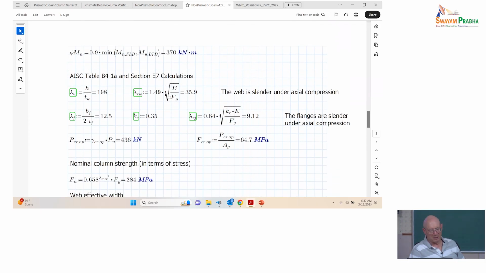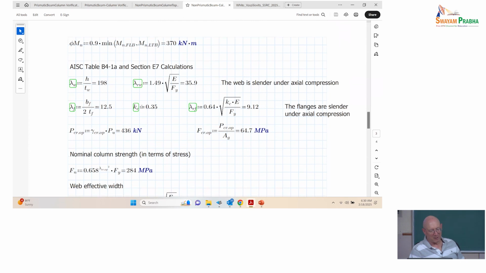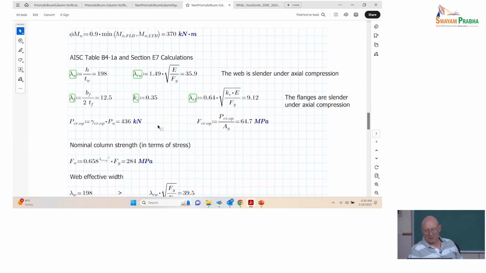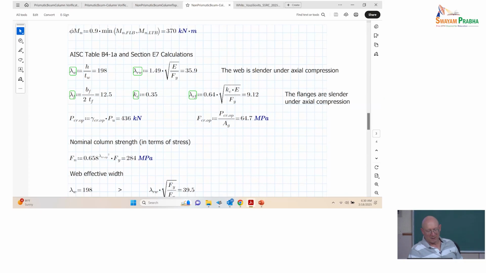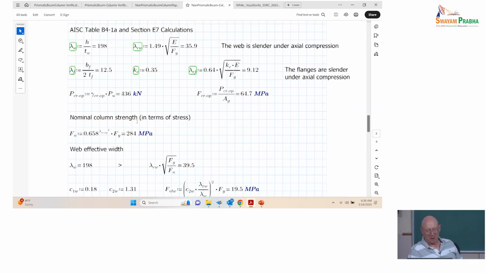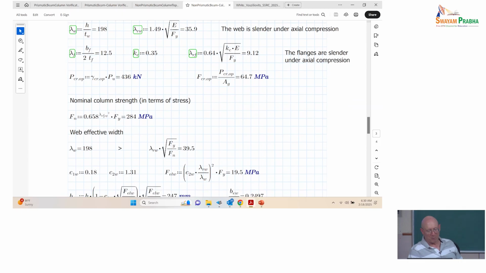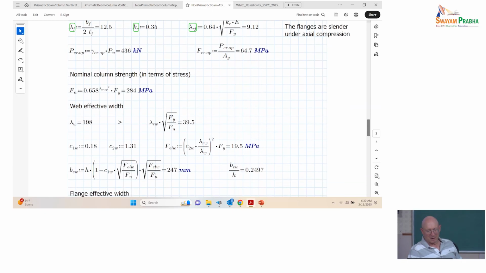And we need to do the strength calculation for the axial part. So again, we bring our gamma critical out of plane in to calculate what's the axial force at that out of plane buckling. We've already calculated our gamma critical out of plane, so we plug that into the column strength formula. We get 284 megapascals for the stress.